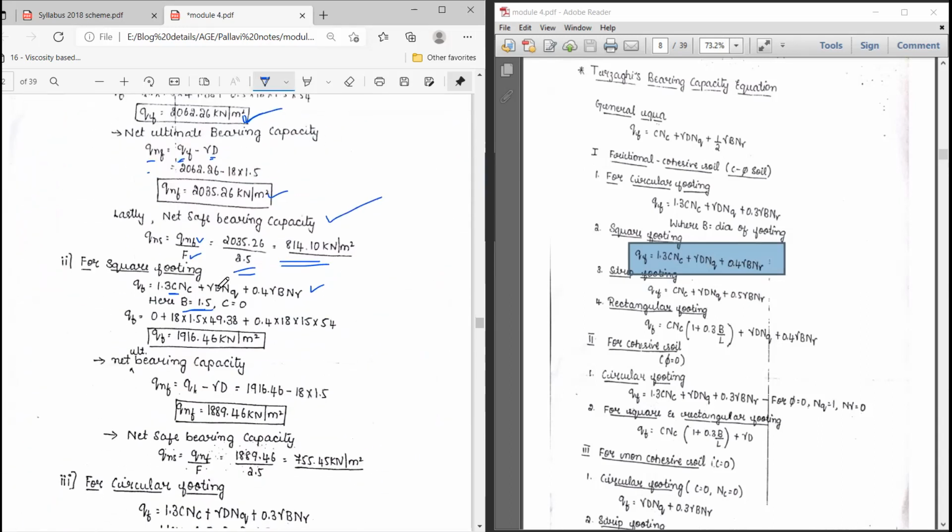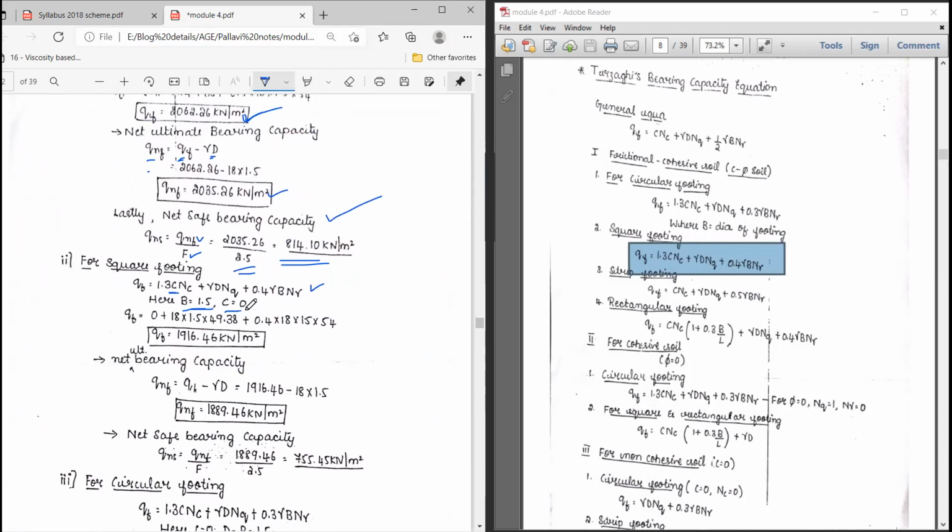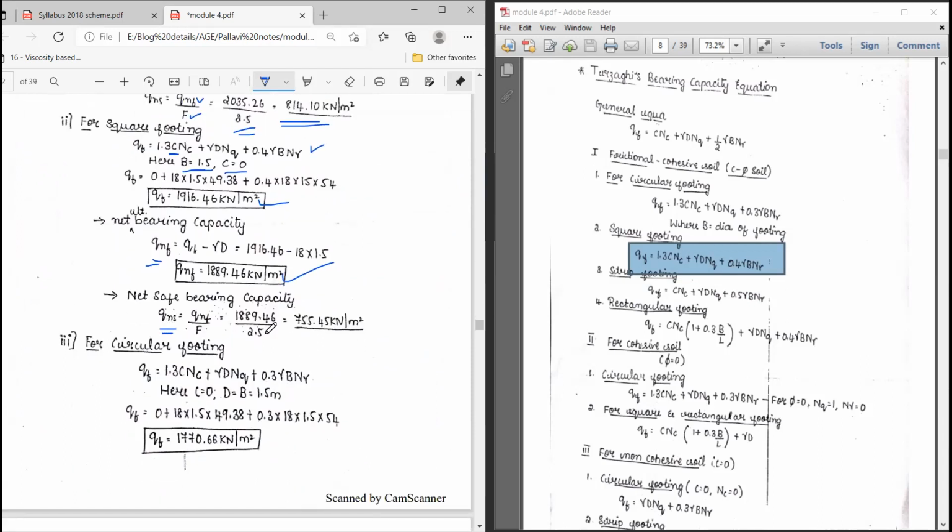Substitute all the values, calculate ultimate bearing capacity, then calculate net ultimate bearing capacity, then apply the factor of safety. So finally, safe bearing capacity is how much? 755.45 kilonewton per meter square for square footing.